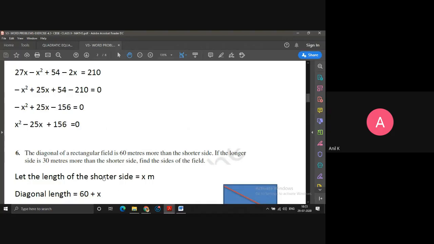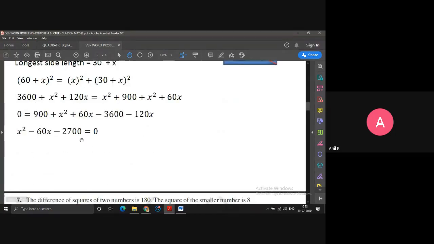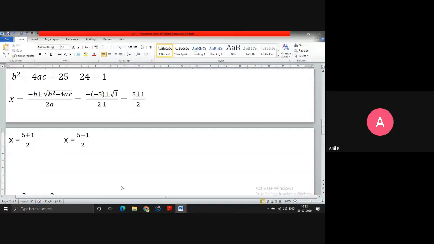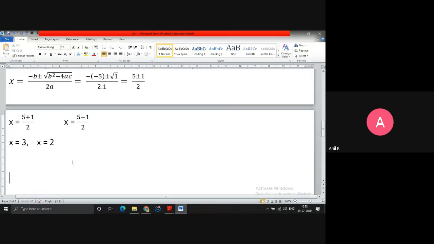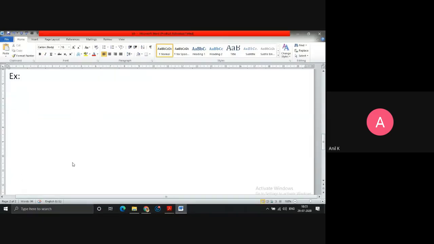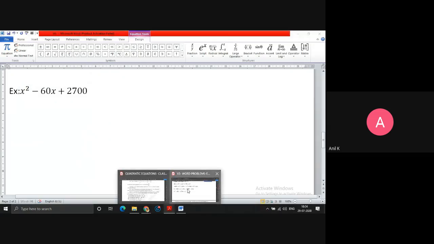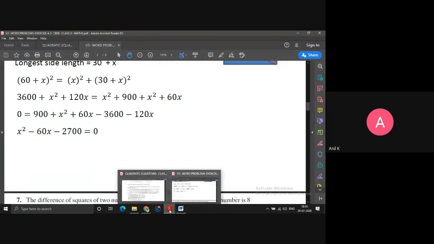Let me take the next example: you have to find the value of x, where x square minus 60x minus 2700 is equal to 0. Sorry, let me cross check the equation.